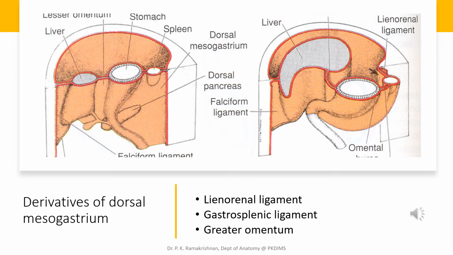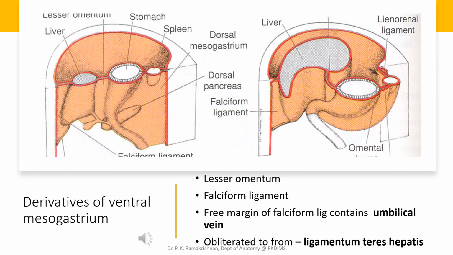Thus, we have seen that the derivatives of the dorsal mesogastrium include the lieno-renal ligament, the gastrosplenic ligament, and the greater omentum. Now we will study the derivatives of the ventral mesogastrium.